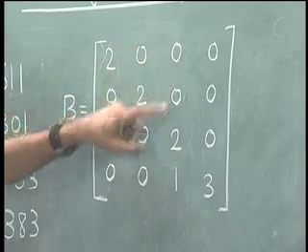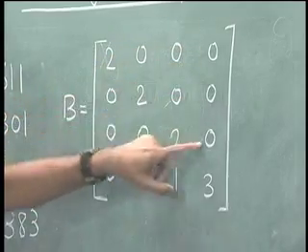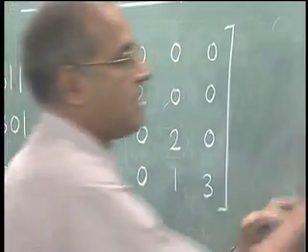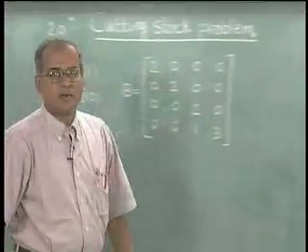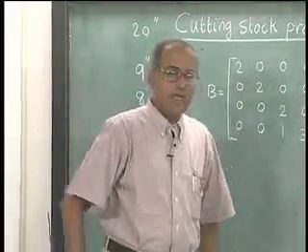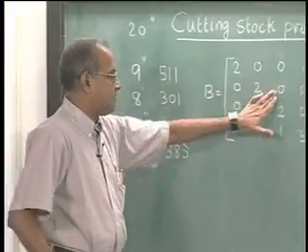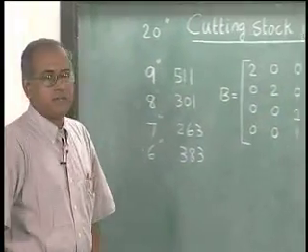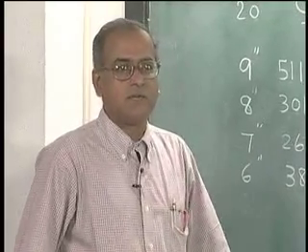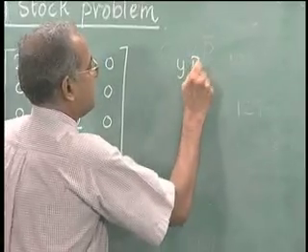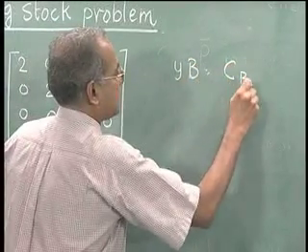So, the new basic feasible solution is made up of these 4 patterns 2 0 0 0, 0 2 0 0, 0 0 2 1 and 0 0 0 3, and it has a total of 621.33 cuts. Now, we need to find out whether this is optimal. In order to find that out, we need to find y, which is the value of the dual, first. So, yB equal to Cb is the standard equation to get the dual.